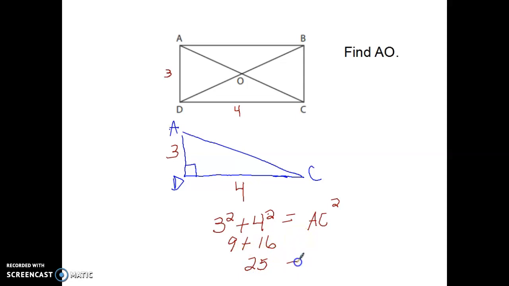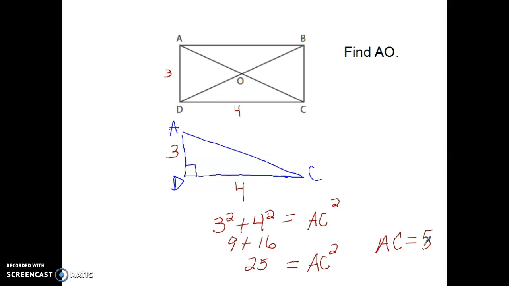So my diagonal line, AC squared, would equal 25. If I apply the square root to that, that means the length from AC should equal the number 5.